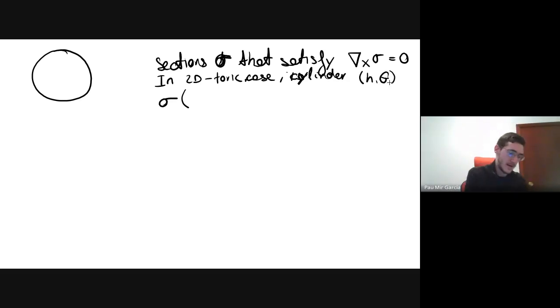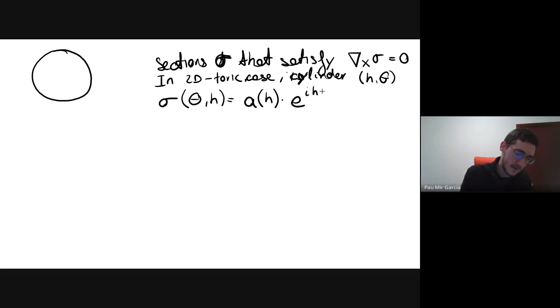So we have an equation for the flat sections, which is this one: e to the i h theta. This is the general form of the flat sections, but you have to require, and this is the important point, that h is an integer.